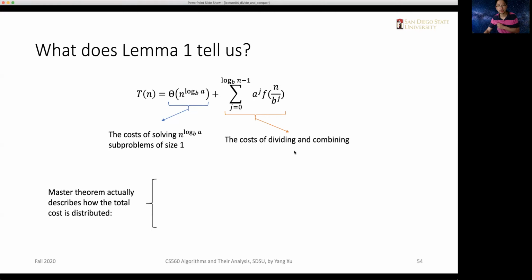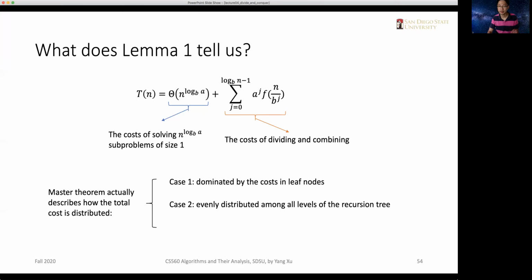So actually, what the master theorem does is describe how the total cost is distributed among the leaf nodes or the internal nodes. In case one, the master theorem says that if the polynomial function is an upper bound, then the dominant part is the leaf nodes.